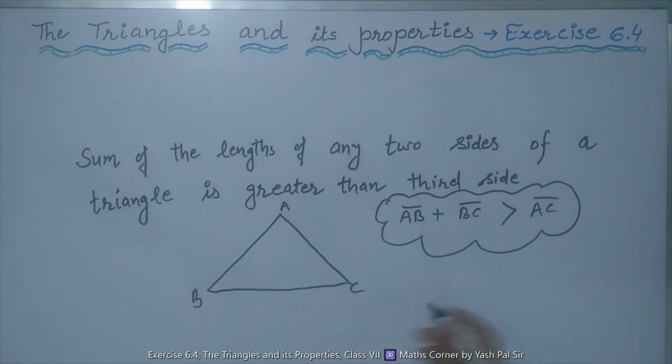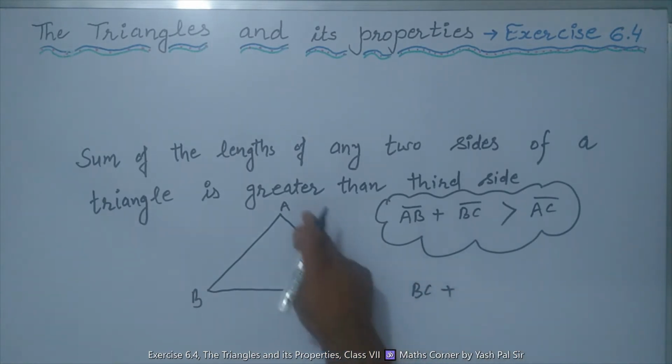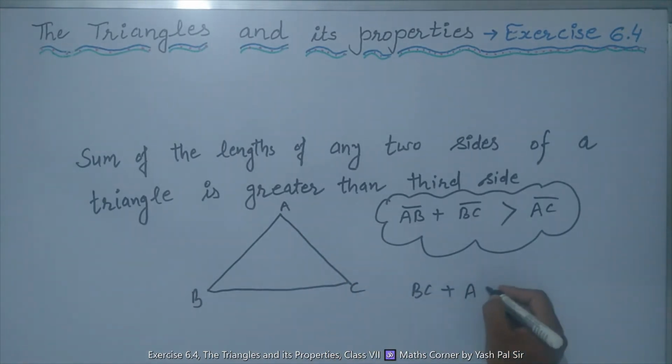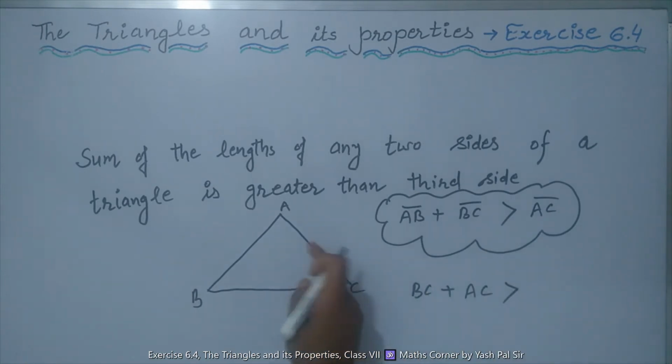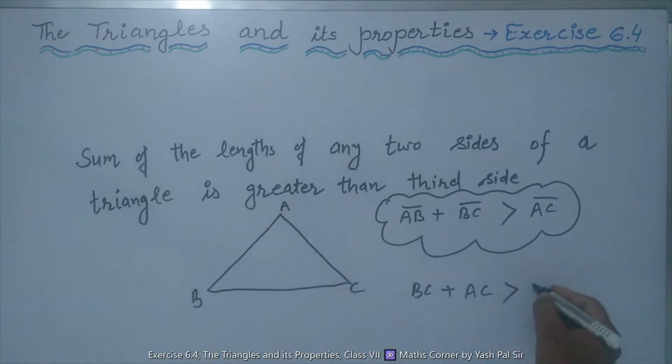Right? Or we can say if we start from BC, BC plus AC will be greater than, which is left out? AB. Right?